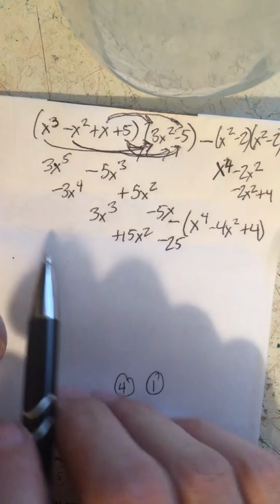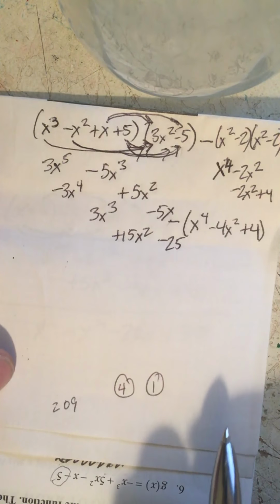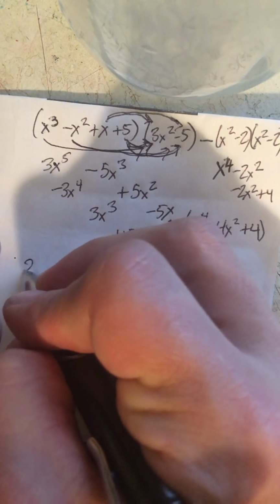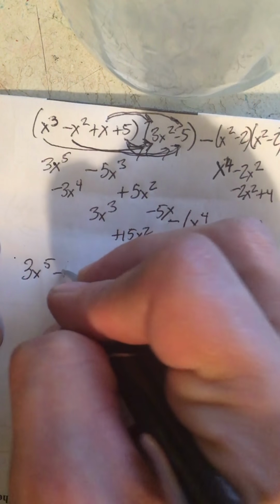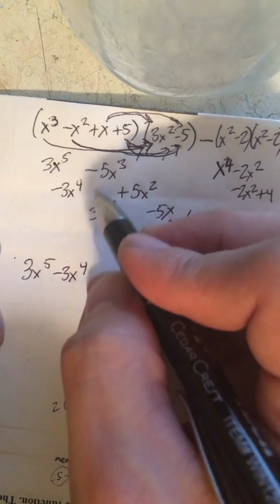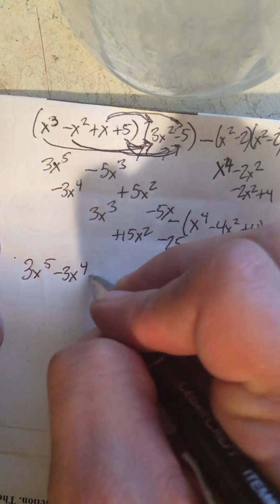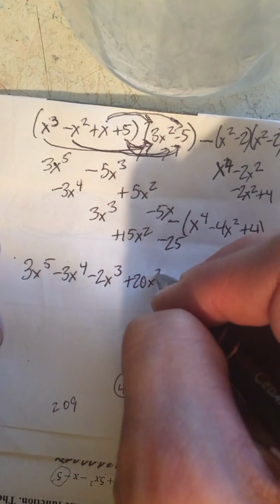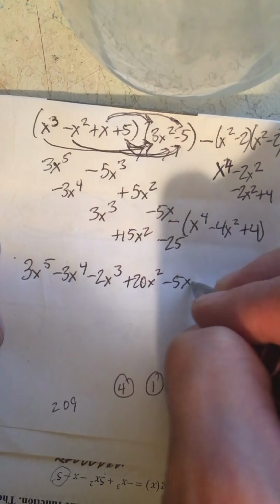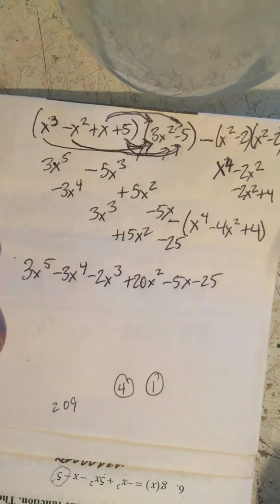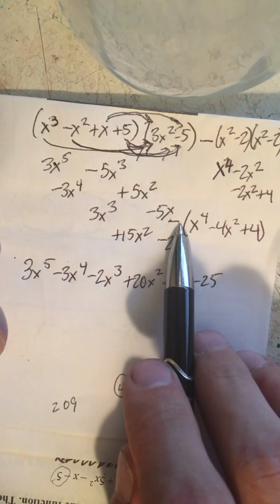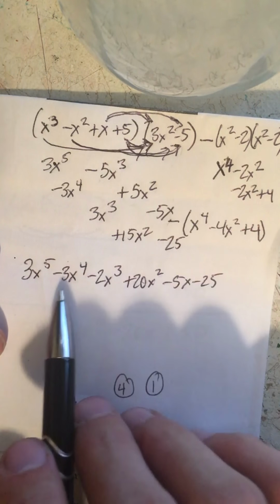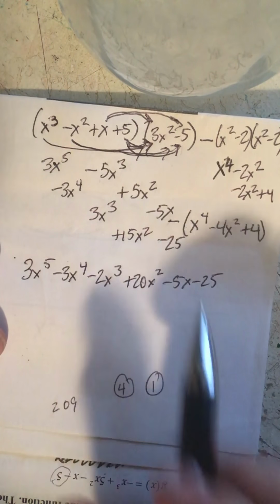Okay, so I'm going to go ahead and combine the like terms right here. So if I write that, it's going to be 3x to the fifth minus 3x to the fourth. This will give me negative 2x to the third. That'll give me plus 20x squared minus 5x minus 25. Okay? Now, remember how I had to distribute that negative sign through right here? I'm going to distribute it through and just put it underneath here. So this will be minus x to the fourth.